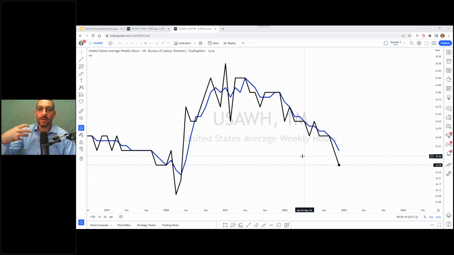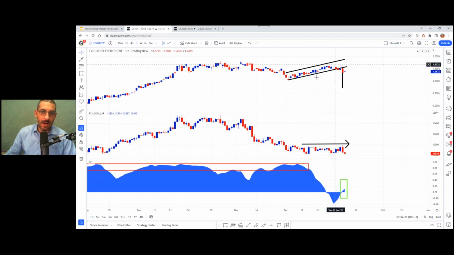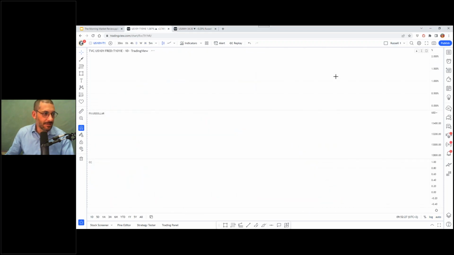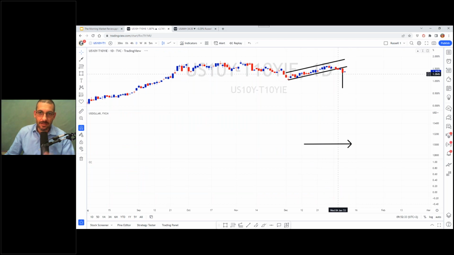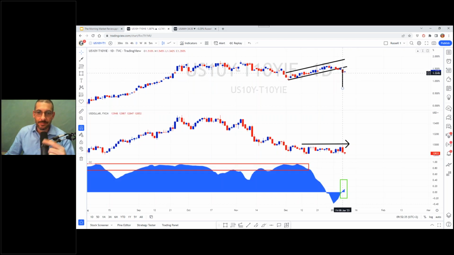Well, if it's terrified of a wage spiral, there are elements to suggest that is unlikely. So you can see how the market has started discounting in the lower real rate.